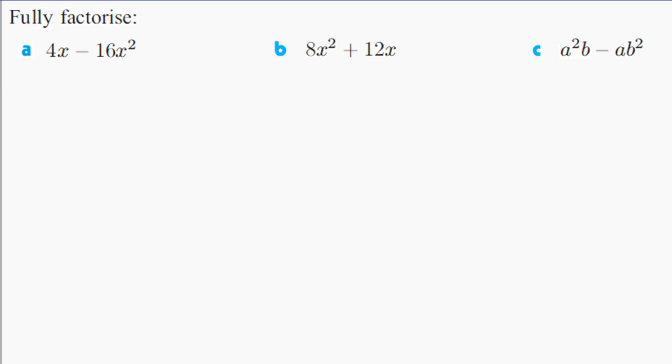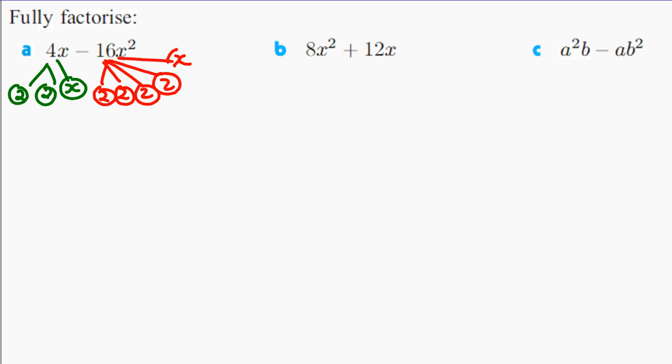Here is another question. Start by finding factors of each of these terms. On the left, we have 2, 2, and x. On the right, I have several lots of 2: 2, 2, 2, 2, and then x and x.